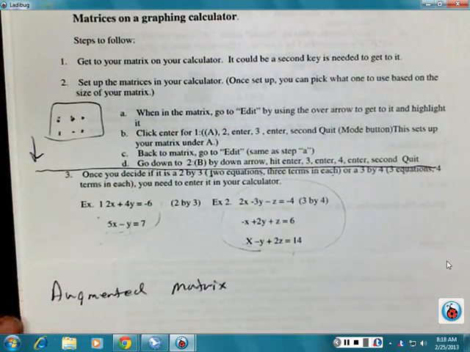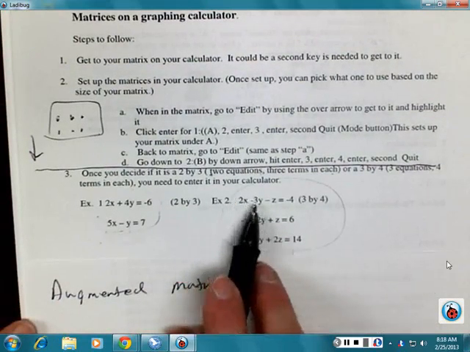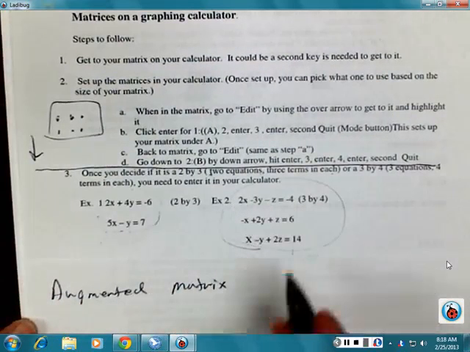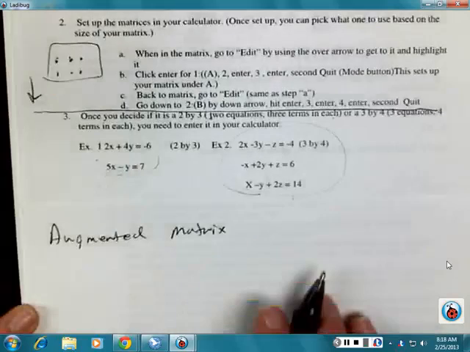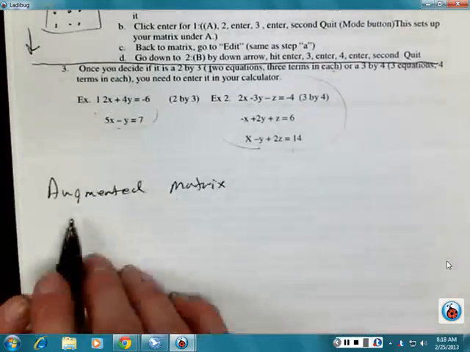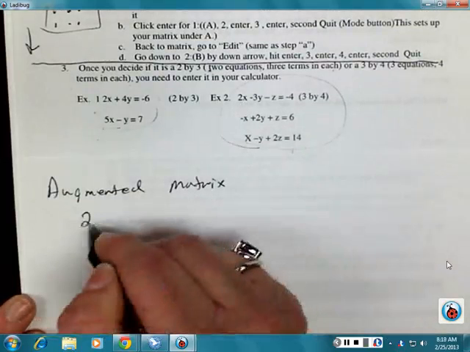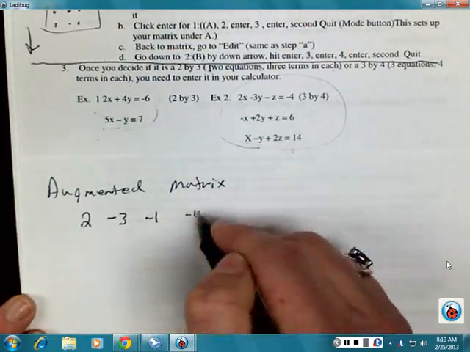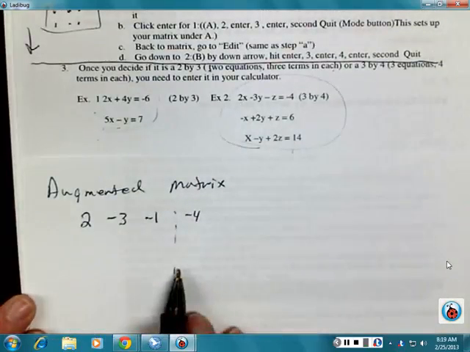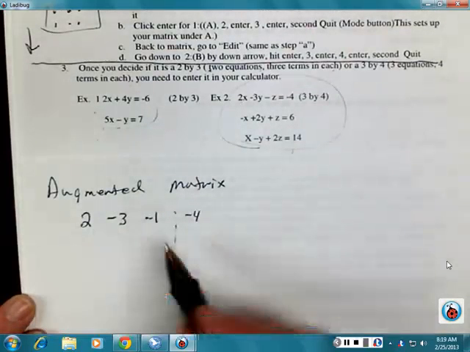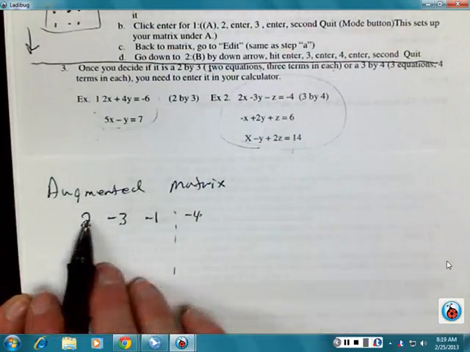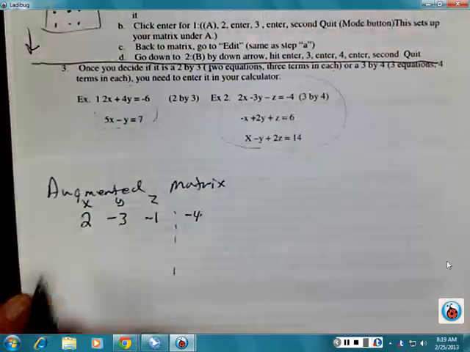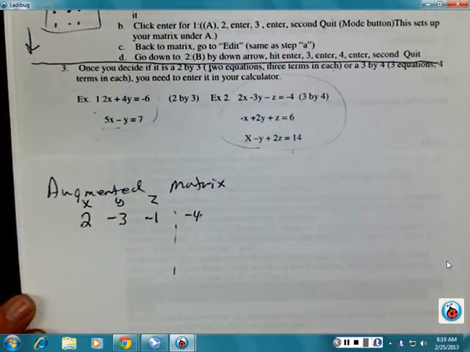And the augmented matrix is the first number in front of each of your letters, and the answer that you have is placed in a pattern that you happen to see. And so that pattern is 2, -3, -1, -4, and they put a dotted line in between here so that you know that you have an answer to the right, all of your numbers are to the left. The x's, the y's, and the z's hold all of these different categories and different spots in there.